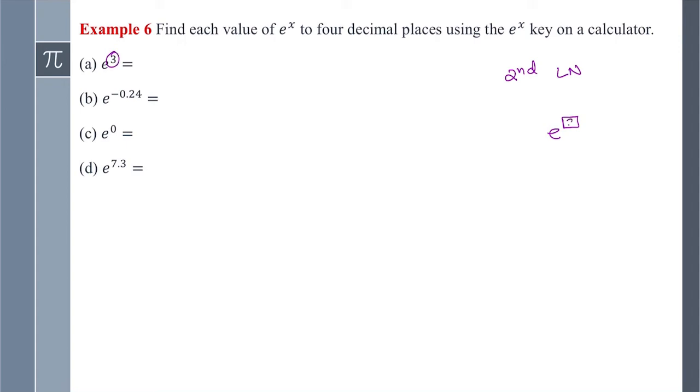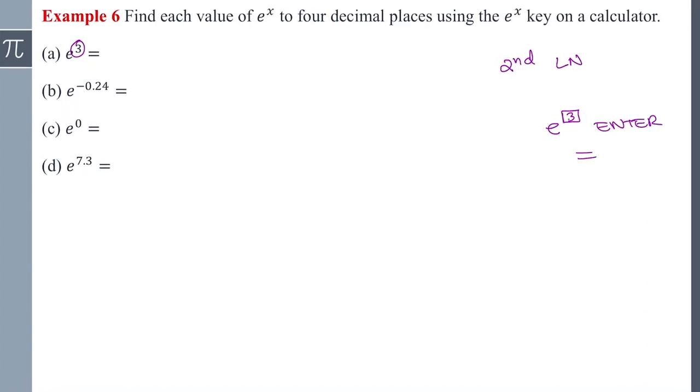So for example, the first one is 3. And then if you hit enter, that's going to give us 20.0855. So again, you hit second, ln, put whatever exponent we have in the box, and hit enter, and that's the value.